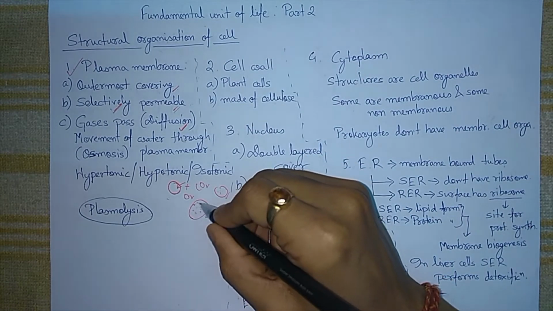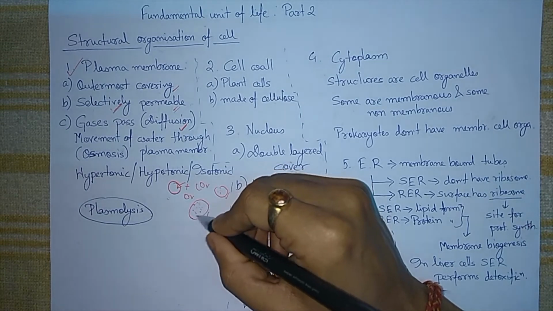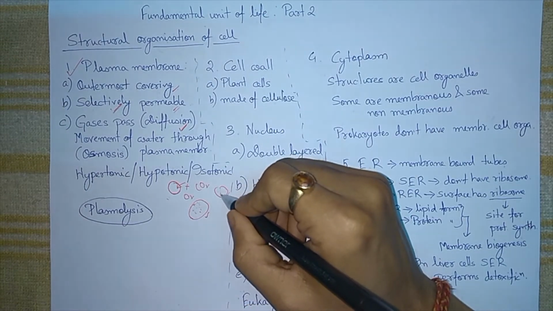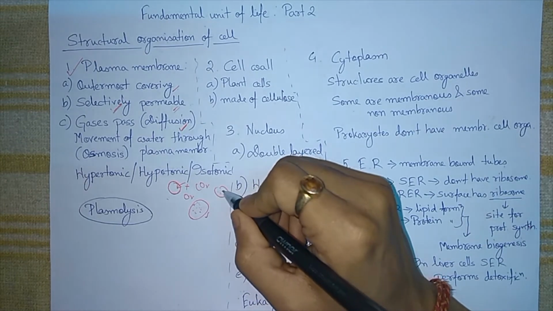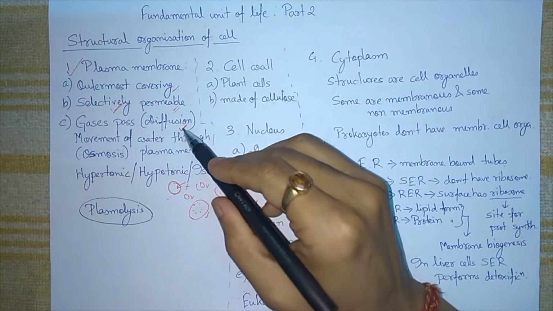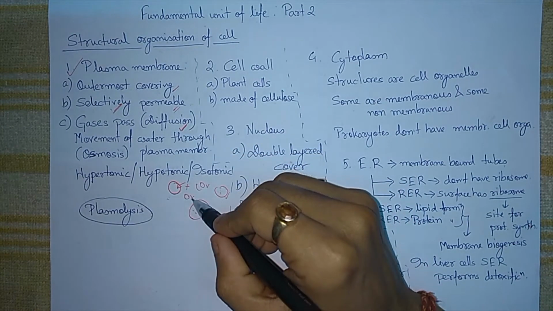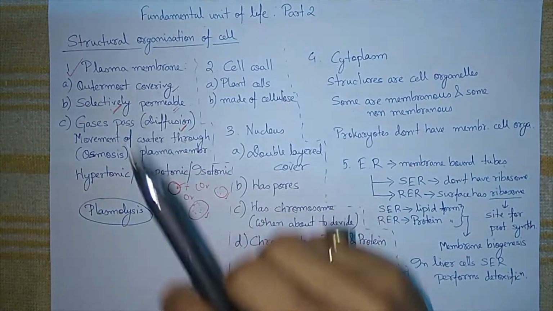Here the concentration of that particular substance, it may be oxygen, is more, and in this region the concentration is less. The movement will occur from higher to lower, not from lower to higher. Clear? So this process is known as diffusion. So diffusion of oxygen and carbon dioxide occurs through plasma membrane.